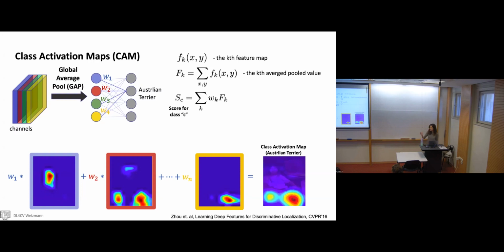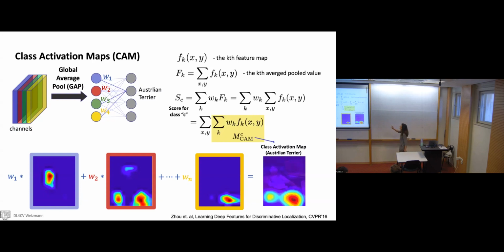Exactly. So the score for class C would be just the sum over k of w_k F_k, where w_k are the learned linear projections by the neural network. And if we plug in again the expression for the average pooled feature, we can rearrange the sum and actually replace the order. And what you can see is that the inner expression here is what we defined as the class activation map, right?